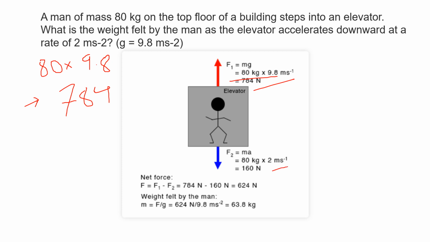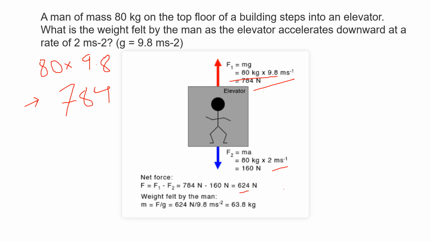160 newtons. Since the two forces are opposite each other, the net force is the difference between the two forces. Our net force, F, equals F1 minus F2, which equals 784 newtons minus 160 newtons, which equals 624 newtons. Therefore, the weight felt by the man is m equals F over g, which equals 624 newtons over 9.8 meters per second squared.